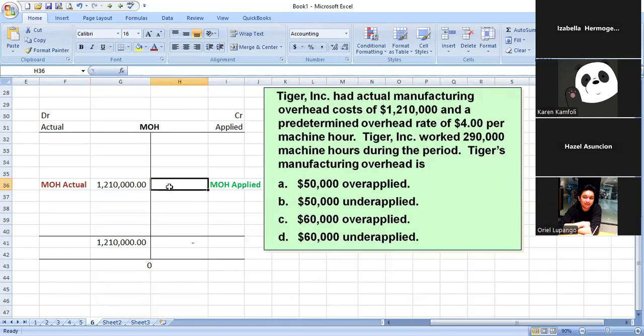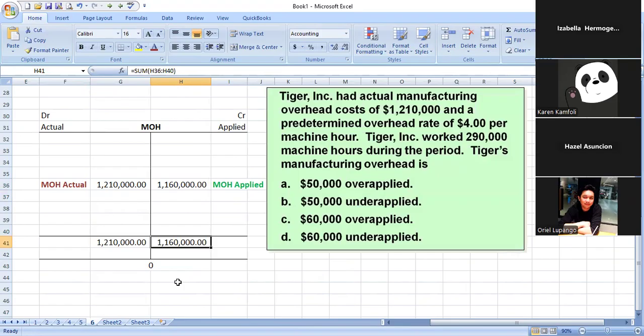How did you calculate it? 290,000 machine hours times $4 per machine hour. So the number that we have is 1,160,000. So which one is more, actual or applied? Actual. What that means, we under apply.